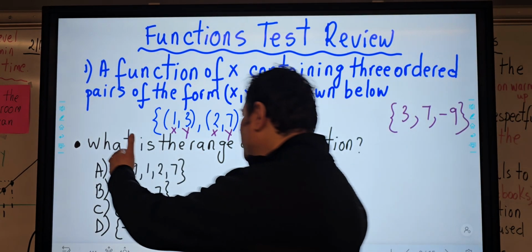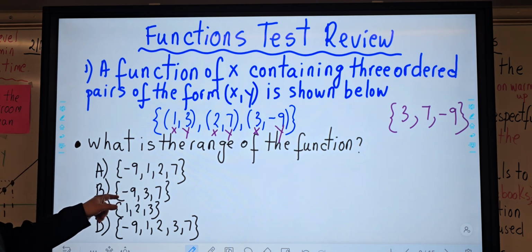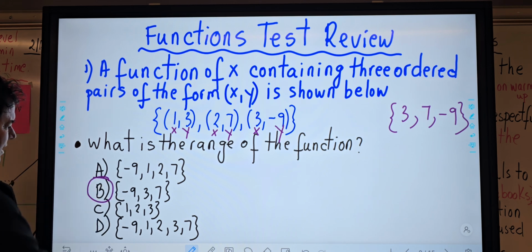And let's see which of these multiple choice options are matching our answer. We have 3, 7, negative 9, right? So that's B. So this is the right answer.